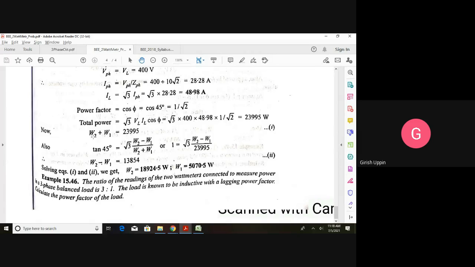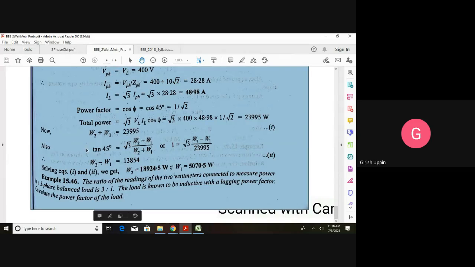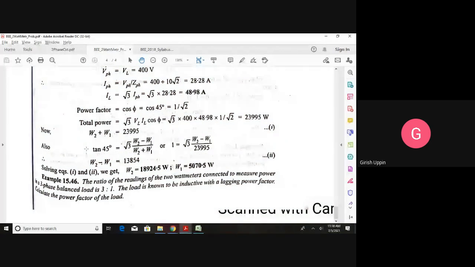This is one way to solve it, and the other way is to directly use the formula for W2, VL IL cos(30 minus phi), and W1 is equal to VL IL cos(30 plus phi). Always remember the W2 reading is higher than the W1 reading. That is the most important thing.